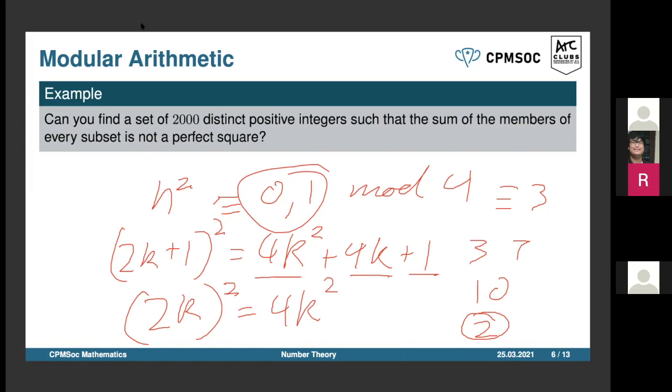And if you continue working with that, you're going to get 1 mod 4, which could be a perfect square, not always, but it could be. So you can't just look for numbers that are equivalent to 3 or 2 mod 4, because it won't always get you what you want. You have to think a little bit harder than that, unfortunately.